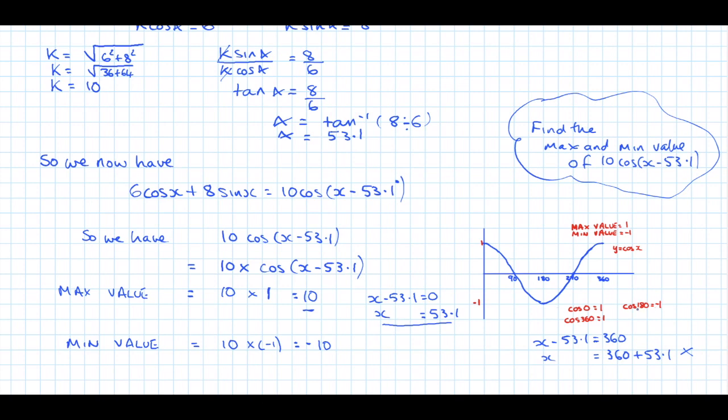The cosine of 180 is equal to negative 1. So that would have to be 10 times the cosine of 180. So x minus 53.1 would have to be equal to 180. So x would be 180 plus 53.1, 233.1. So minimum, negative 10, when x is equal to 233.1.